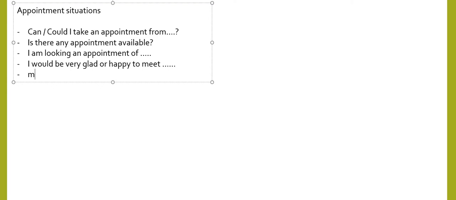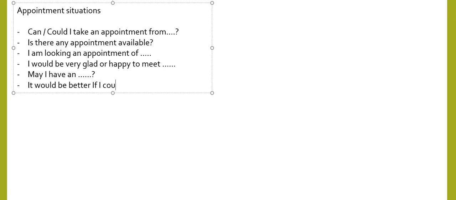You can say, may I have an appointment of somebody? You can start with this sentence, the formal and best sentence with may. Okay, it would be better if I could meet dash. This is also a best way to take an appointment.